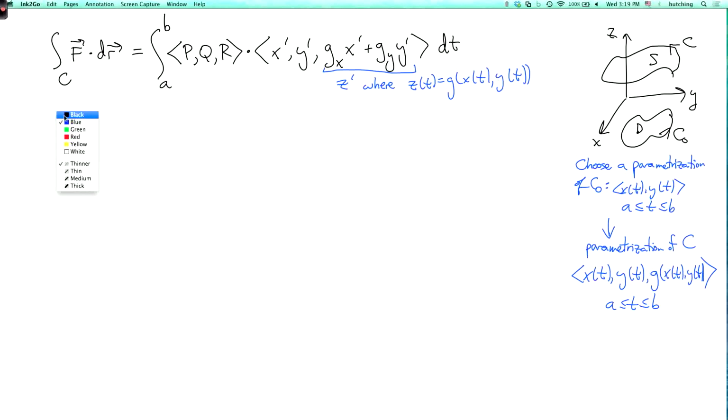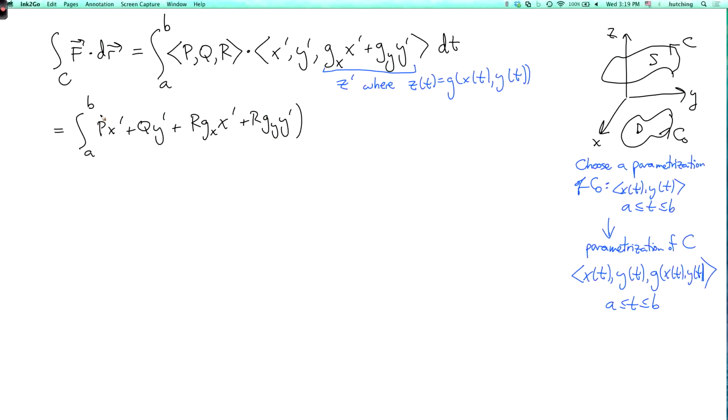Okay, so if I expand this out, I get the integral from a to b of P x prime plus Q y prime plus R gx x prime plus R gy y prime. Now, we can turn this back into an integral over C0, where x prime dt turns into dx, and y prime dt turns into dy.